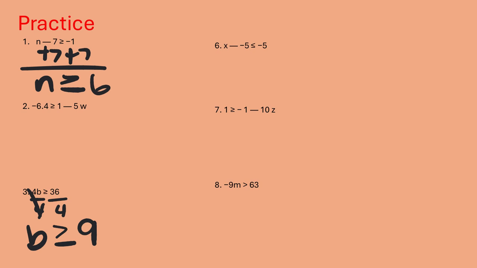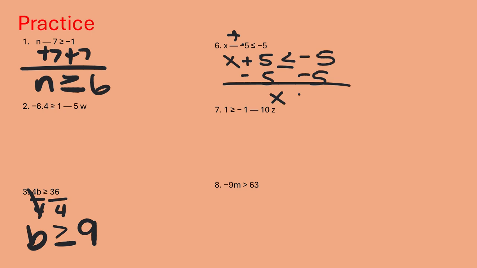Number 6, we have a minus sign with a negative sign there. What do we do there? We subtract by 5 on both sides, but remember that this becomes a positive. So we have x plus 5 is less than or equal to negative 5. Now what do we do? Now we subtract 5 from both sides.